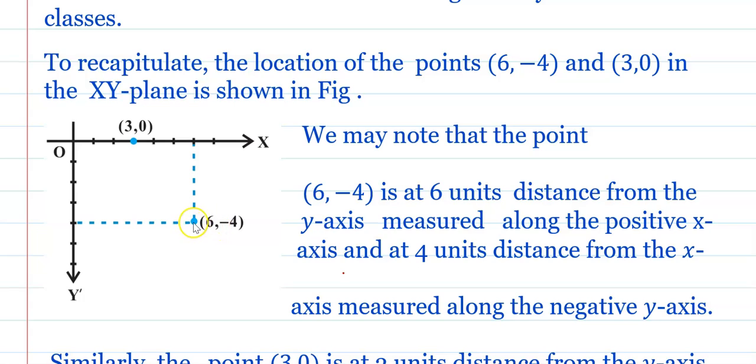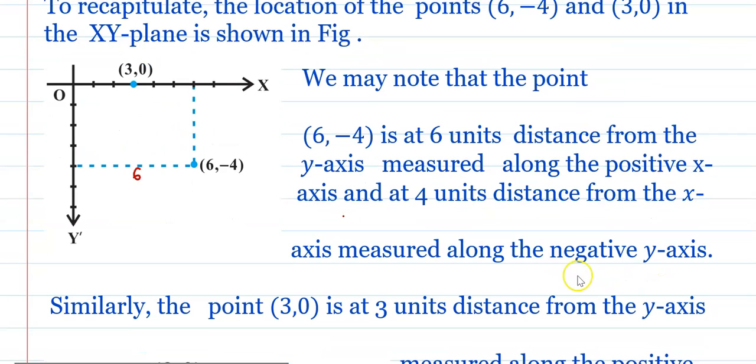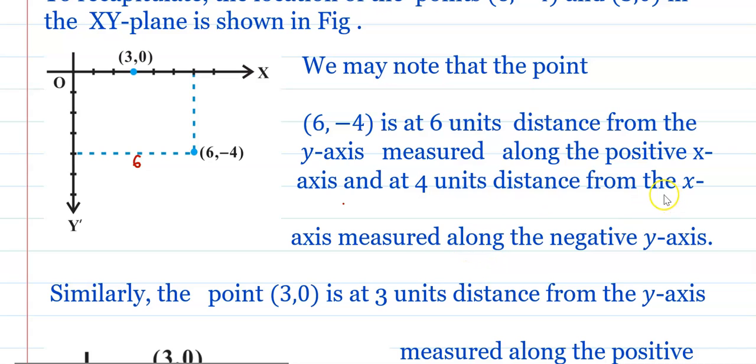Now see this, the point (6, -4) is at a distance of 6 units from the y-axis, measured along the positive x-axis, and at a distance of 4 units from the x-axis.